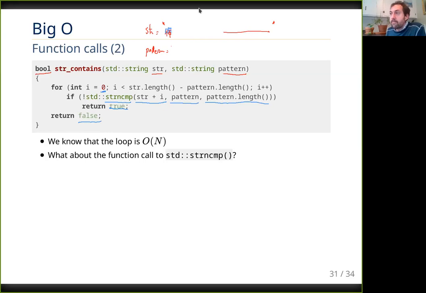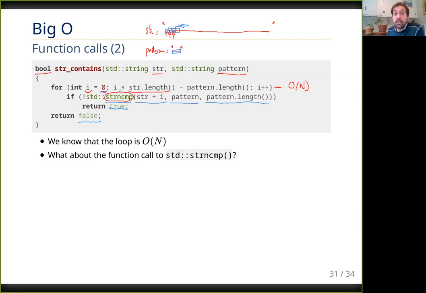So once again here, we have one for loop which essentially iterates from i equals 0 up until the length of the string. So that's a typical scenario where we have O of n, because we have this iteration that goes through the entire length of the string once, except that now here we call this function strnCompare. And so we need to know what this strnCompare does.